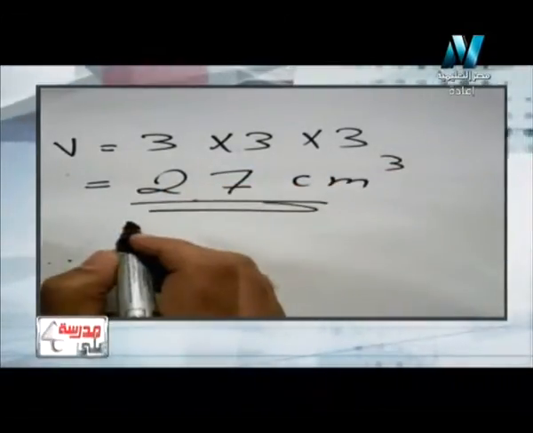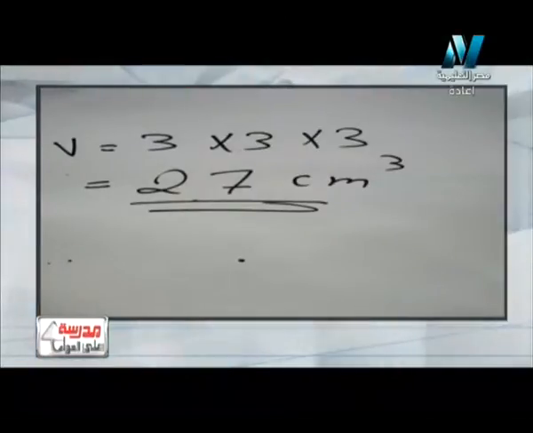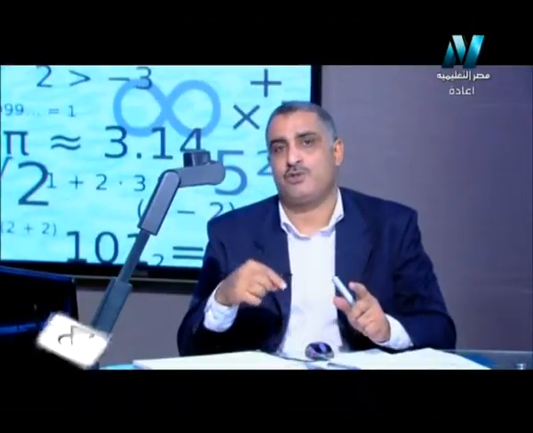It's a very important idea: how can we find the volume of a cube if we have the perimeter of one face. Don't forget, the face is a square. The perimeter of a square is side by 4. We have the perimeter, so we divide the perimeter of the square by 4 to get the side length of the square, which represents the edge length of the cube. 12 divided by 4 equals 3.